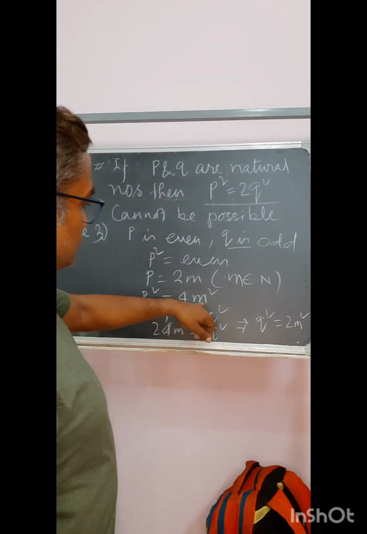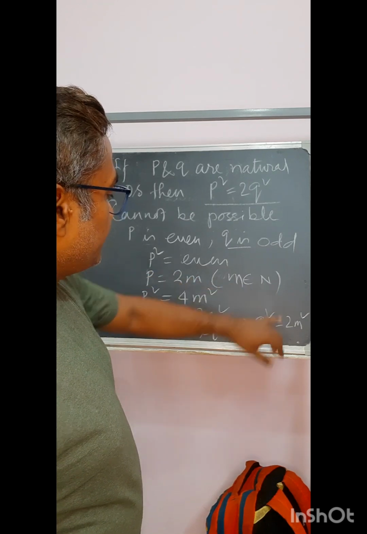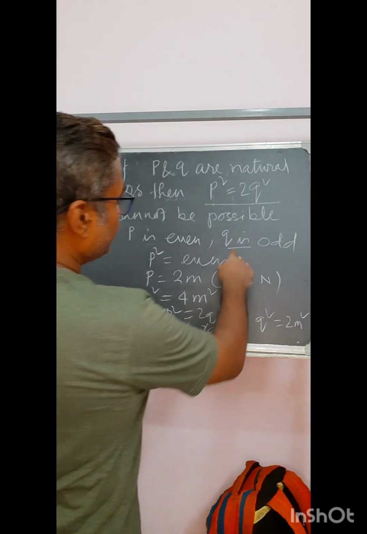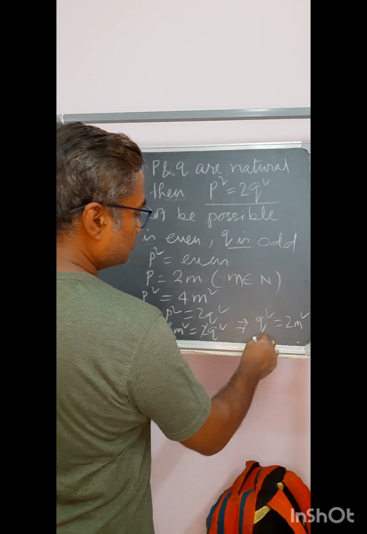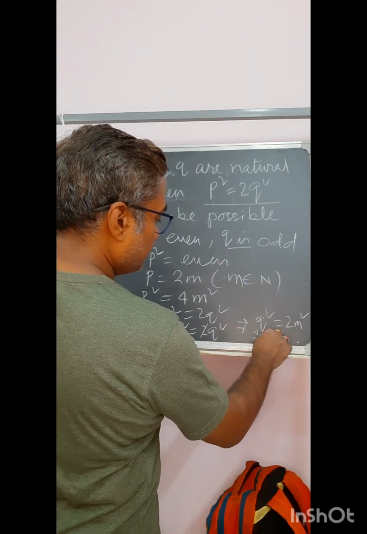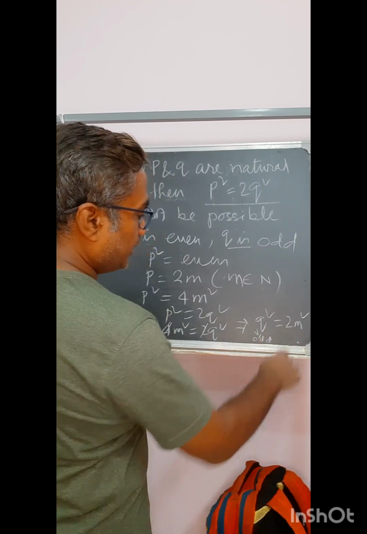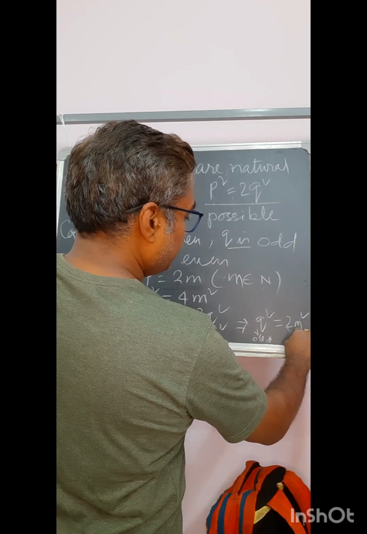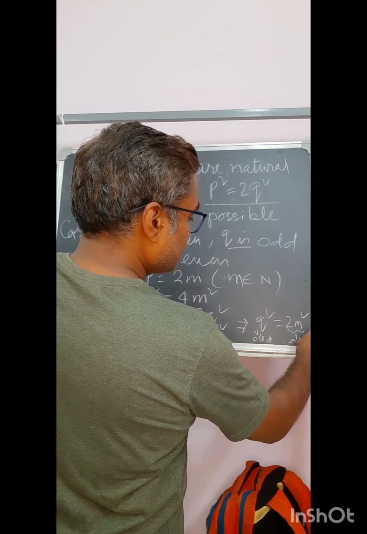Now m is a natural number, but Q has been taken as odd, so this will be odd, and as it is multiplication of 2, this total will be even.